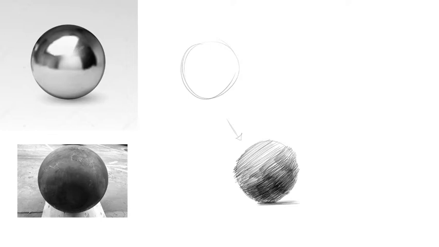Then we ask ourselves, what's the level of reflectivity? So it doesn't have no reflectivity, but it really doesn't have very high reflectivity. If you're comparing it to the chrome ball sitting in front of us, that has a really high level of reflectivity.